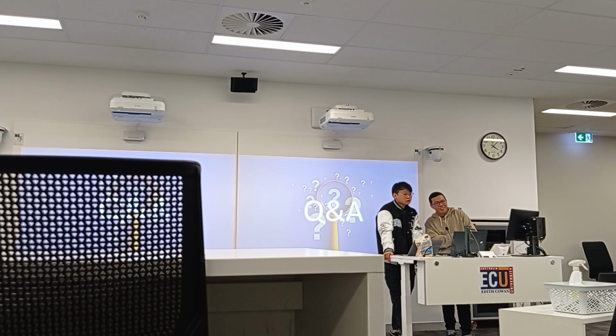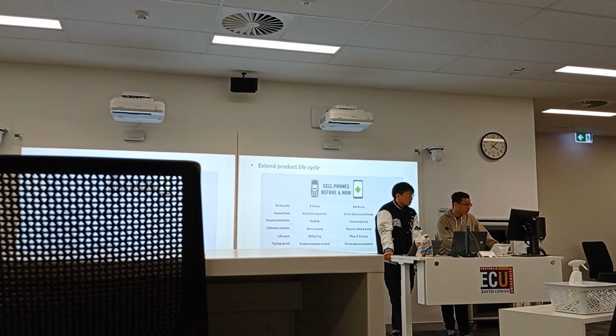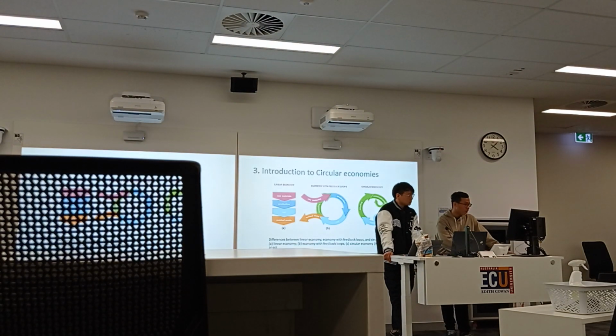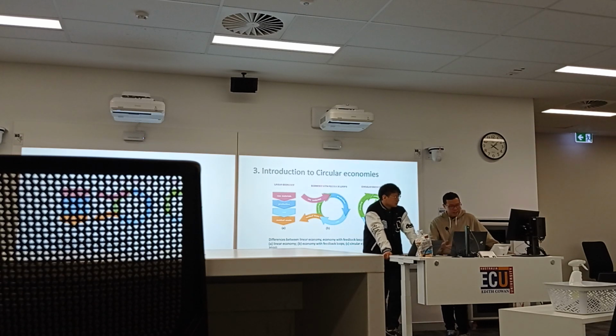What is the second question? Can you have a 100% circular economy? Even with the example of clothing, you're not going to get 100% circular economy, is it possible? It's actually in this slide right here. The ideal is that we want to transition to a circular economy.